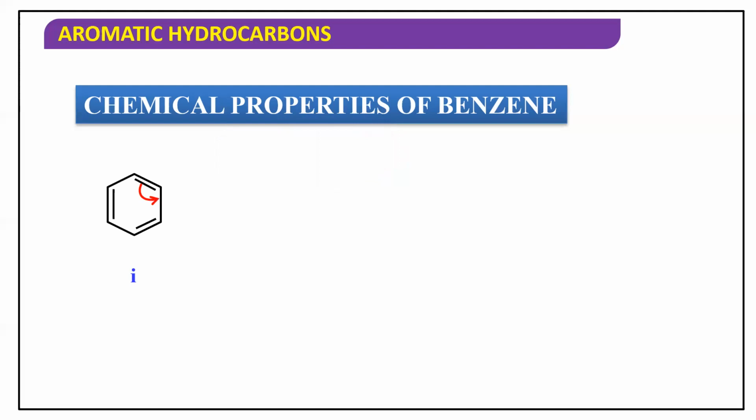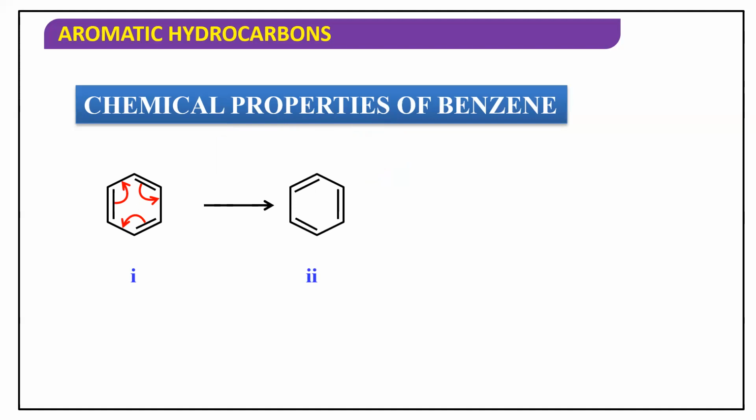Now, how do they move? They move like this to give us the next structure, which looks like this. This is the second resonating structure, or a canonical structure. Now, when you look at this compound, even here there is conjugation.